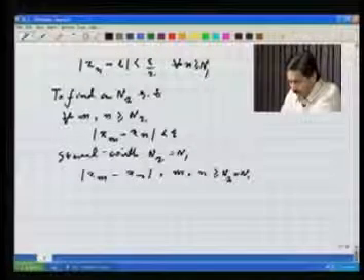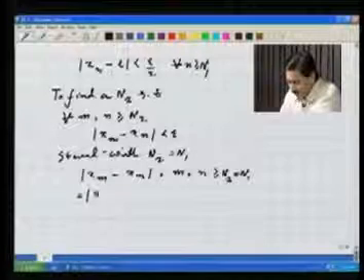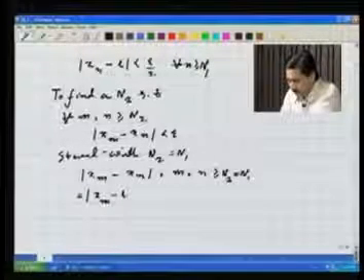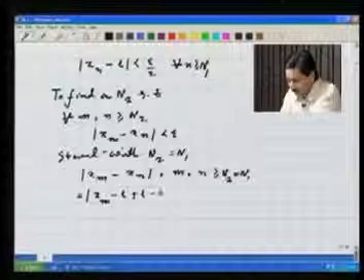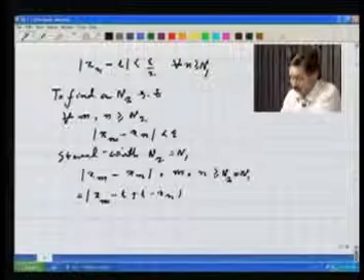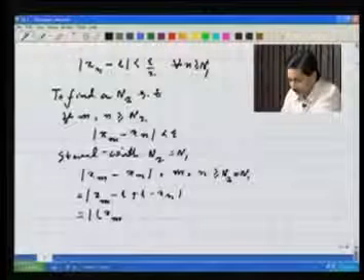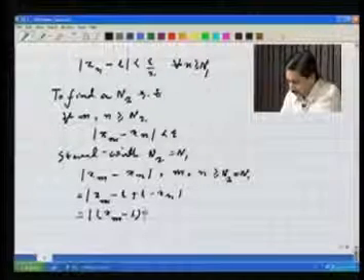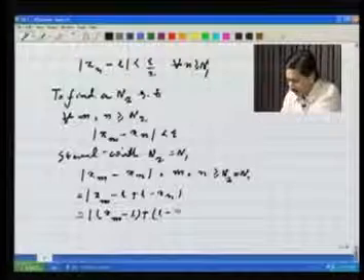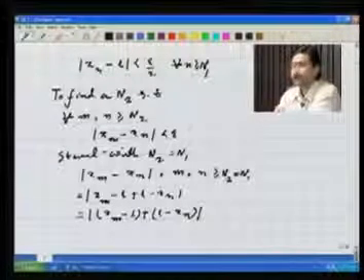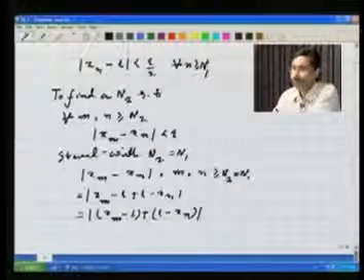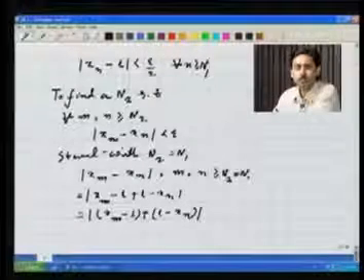Now what I do is I write it as modulus of xm minus L plus L minus xn. Then I group the terms the following way: xm minus L plus L minus xn. And then I use the triangle inequality, that mod of x plus y is less than or equal to mod x plus mod y.